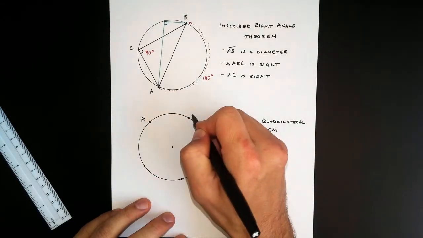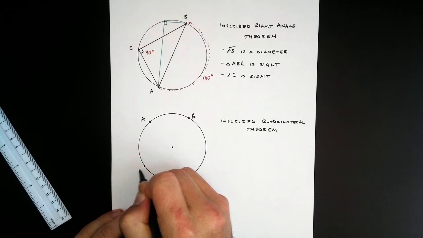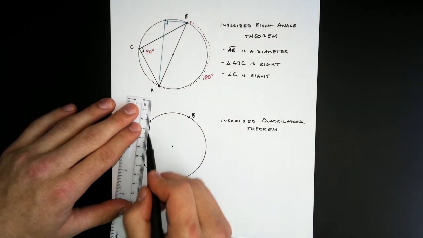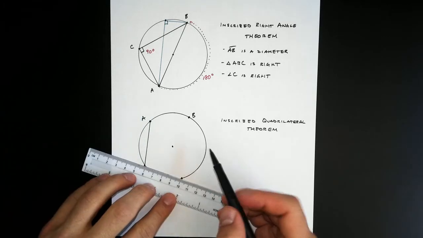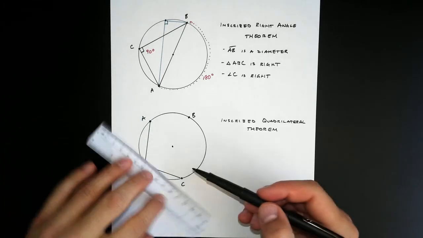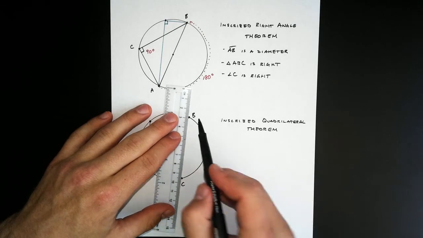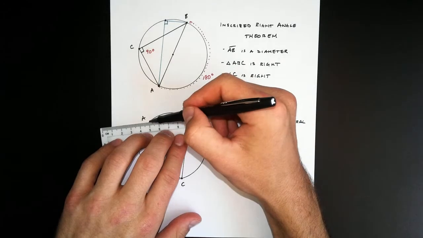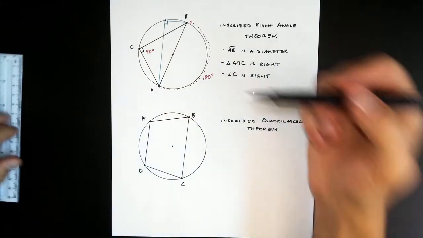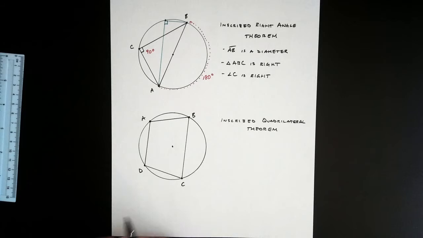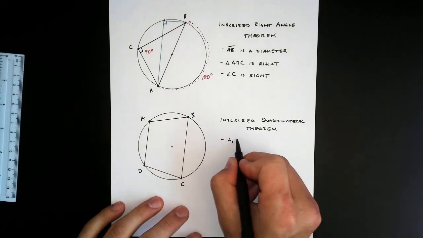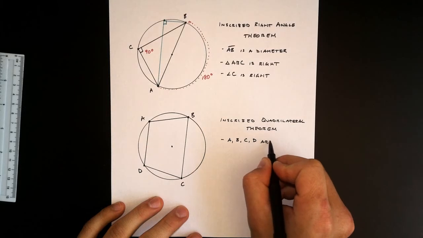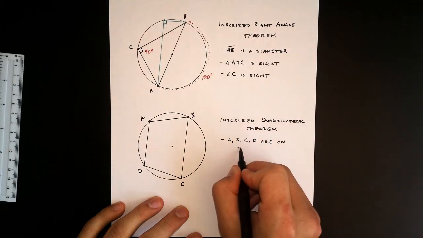So let me say this is A, B, C, D. And then I'll connect these together. Like so. So we know that A, B, C, and D are on the circle.